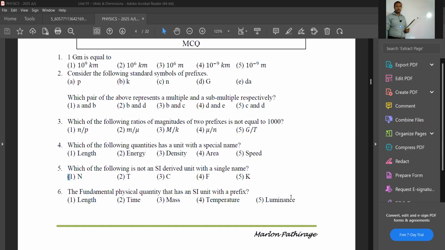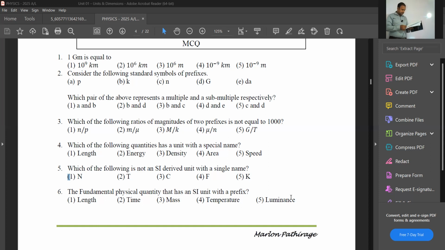So Kelvin is not a derived unit, it is a base unit. So that is the answer. Which of the following is not an SI derived unit? The answer is number 5, temperature, because it measures a fundamental physical quantity.